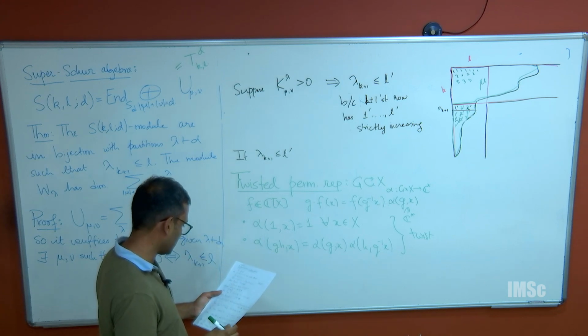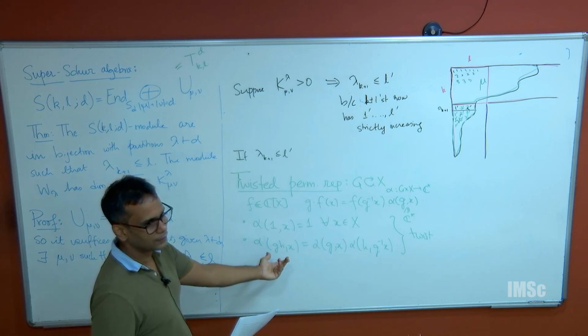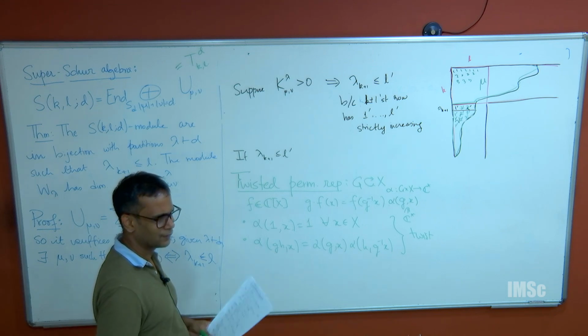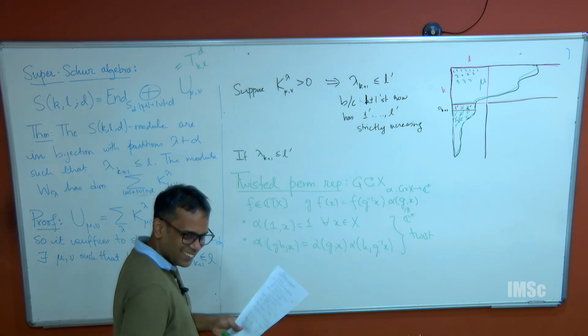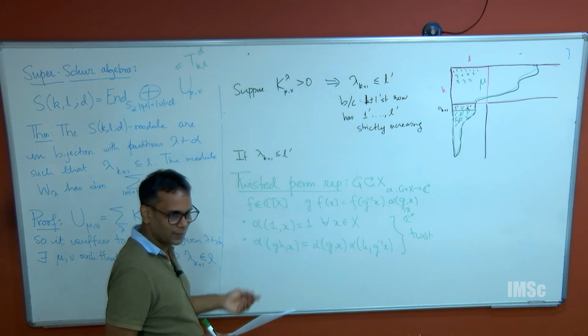So, I just called it a twist. So, this looks like a co-cycle. One co-cycle condition, right? Two co-cycle. Okay. No, that would imply it is a projective representation. No, but this is an ordinary representation.